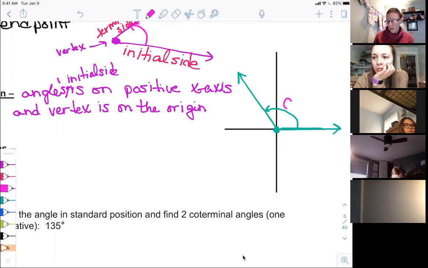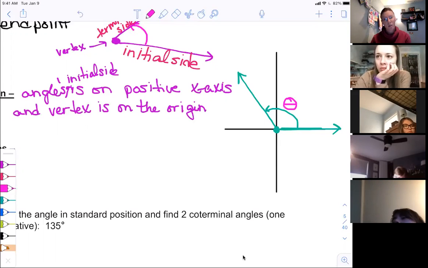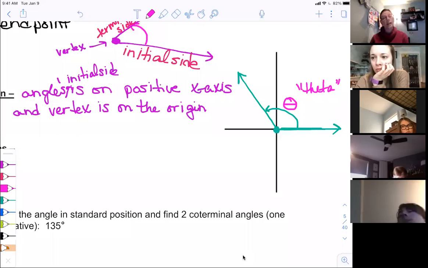We use a lot of Greek letters in trigonometry. Trigonometry was founded by the Greeks, so we use a lot of Greek letters. This little angle notation is called theta. And you will see theta represents an angle. You will see that angle being used pretty much in every problem.